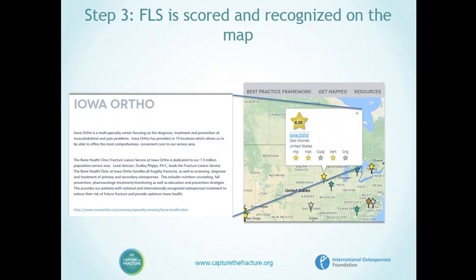When you expand or click on the star, you can get more information on how they're working, how big the site is, what population it is serving, and how many fractures they're handling. This is provided so that people who are close by, or at other distances but live in a similar system, can contact you and get ideas on how to do it themselves when they start up or want to improve their own service.